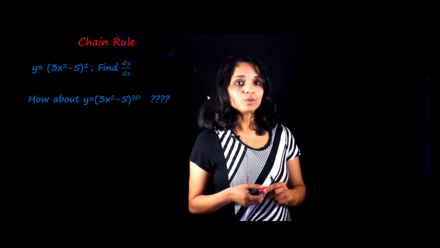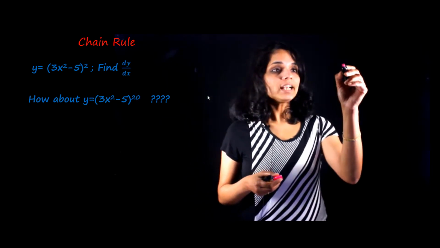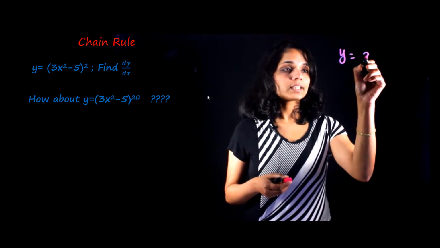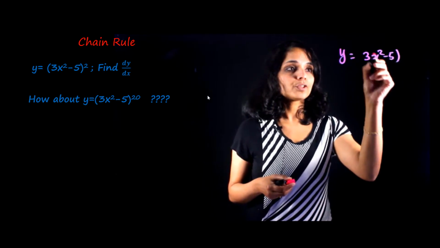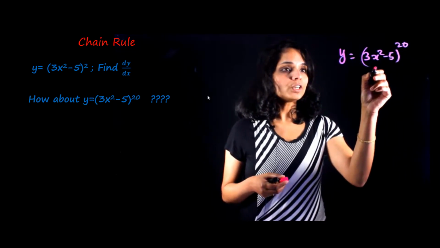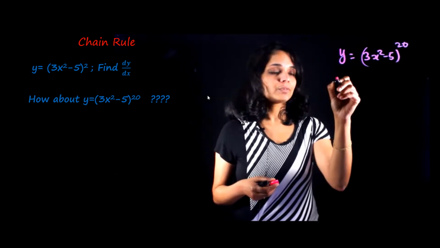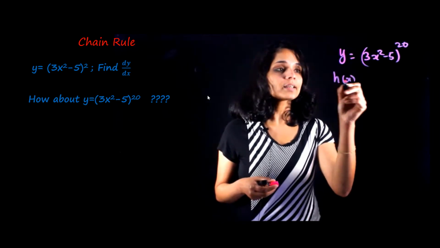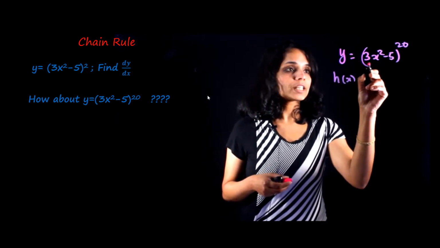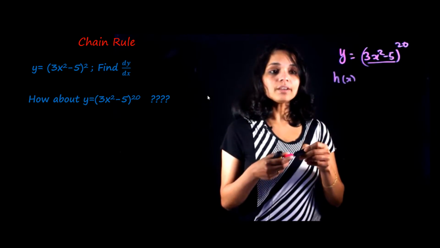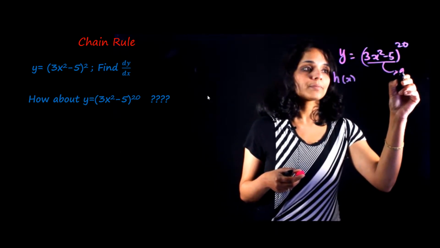In the chain rule, if y equals (3x squared minus 5) to the power 20, y is a function of x, so we can say this is h of x. And then we're going to take 3x squared minus 5 as g of x.